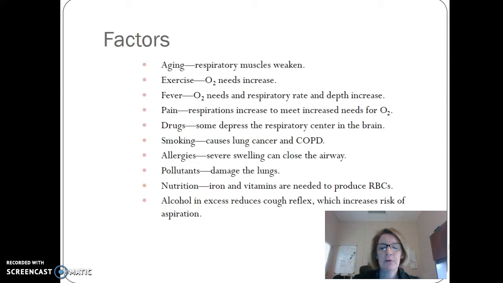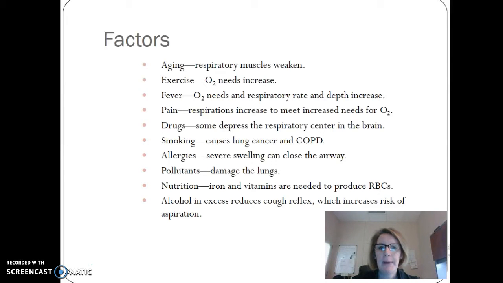We've already talked about aging factors that affect the respiratory system, and the fact that the respiratory muscles weaken, and then we don't have the strength for coughing, and then pneumonia is a great risk. Exercise increases the need for oxygen. We need the oxygen, and that also increases our respiratory rate, and those two things kind of go together.